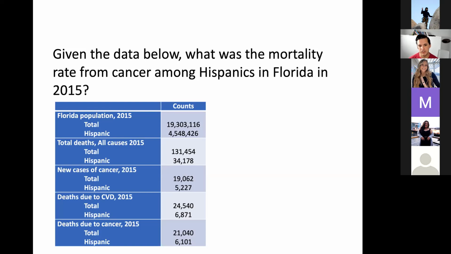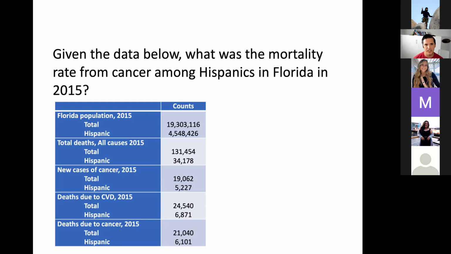So this is a cause-specific mortality rate among Hispanics in Florida. So number of deaths among Hispanics in Florida in 2015 over total population.